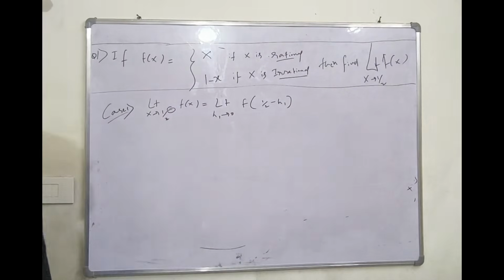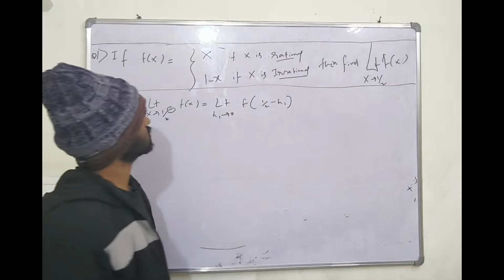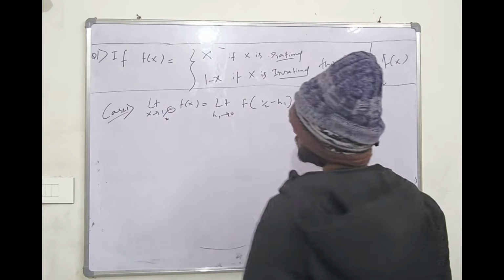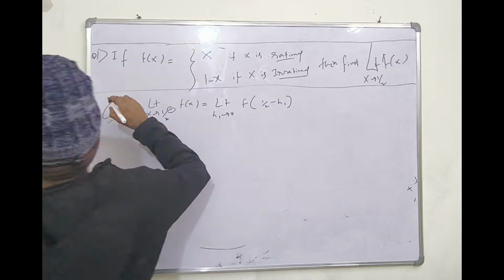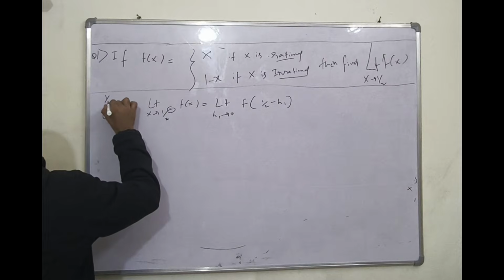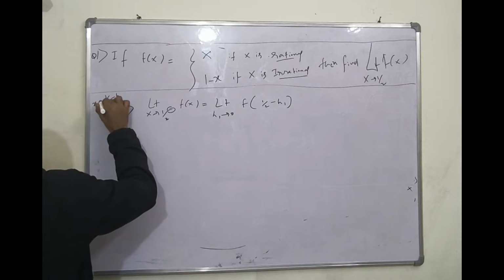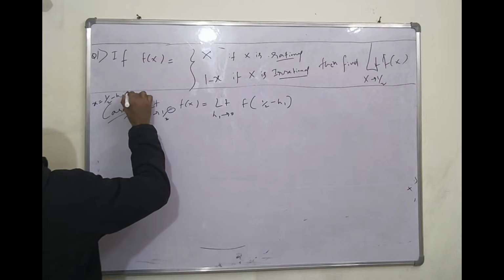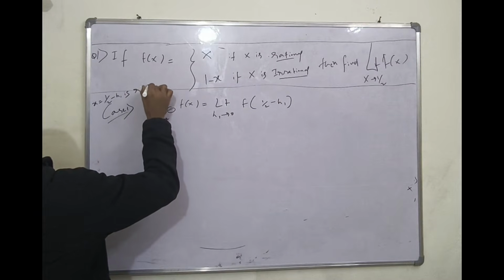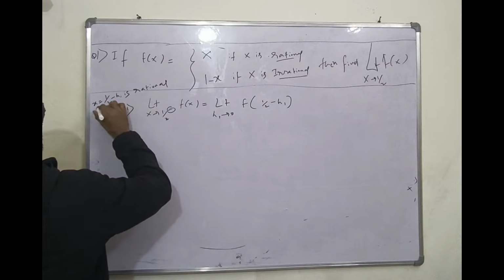My assumption is that x equals 1 by 2 minus h1 is rational.